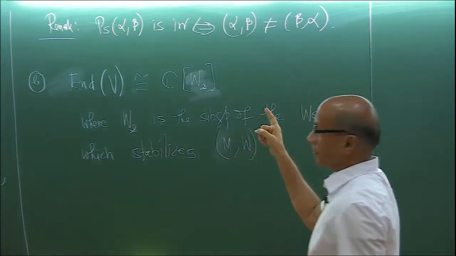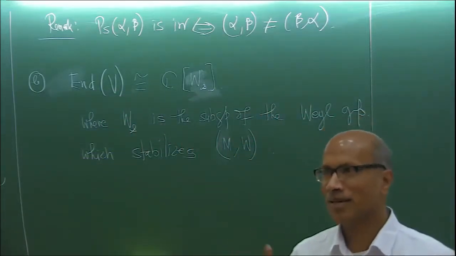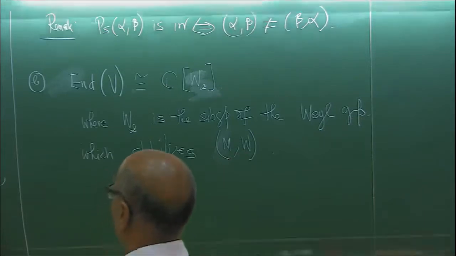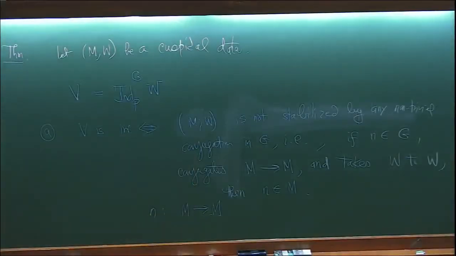So I must apologize for a little incorrect notation, which I don't want to change for the moment. I have used W for a representation, and I'm also using W for the Weyl group. And this is the subgroup of the Weyl group, which stabilizes M comma W.